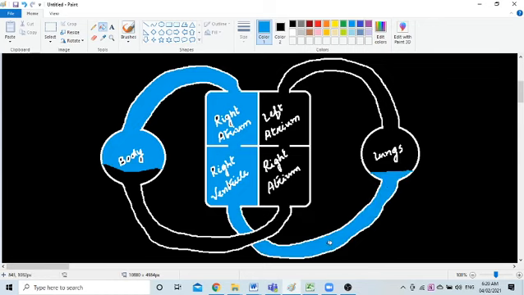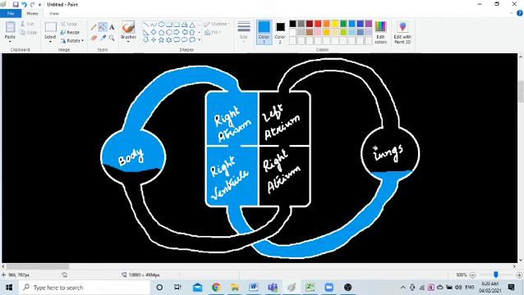So you can see that from the body this impure blood is moving this way. At this point the exchange of gases takes place.